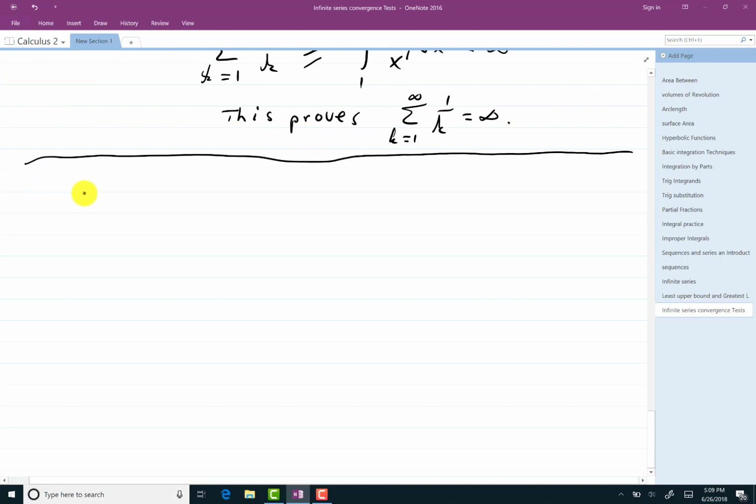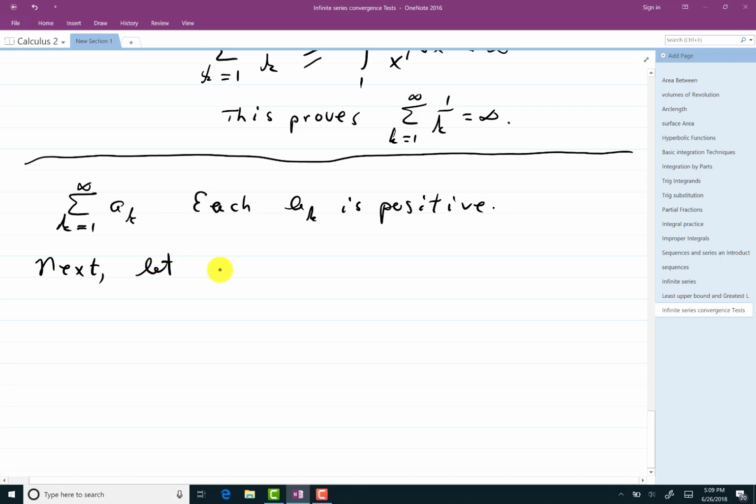So let's take a look at a series, k equals 1 to infinity of a sub k. Each a sub k is positive. Next, let f of x be such that when you plug in just whole numbers, you get a sub k.